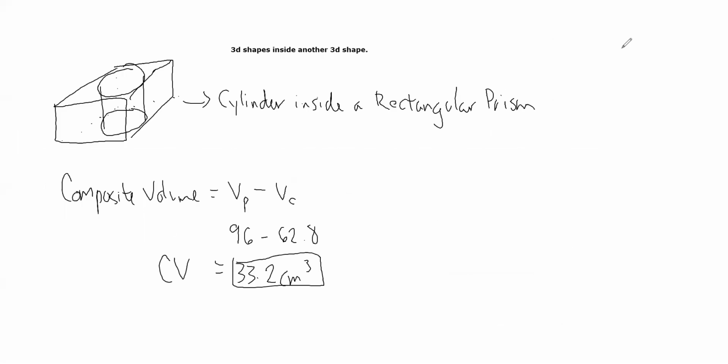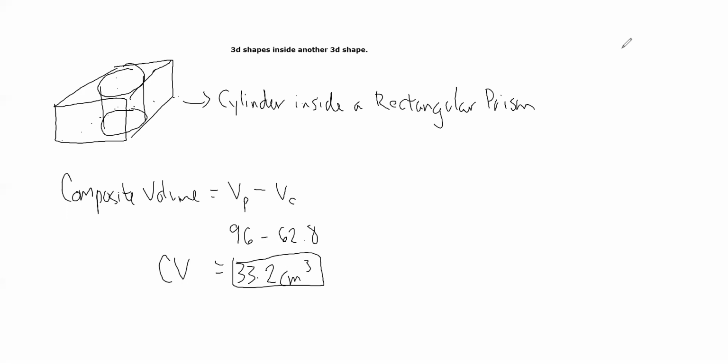There's going to be another type of problem that you're going to encounter a lot, and that's 3D shapes inside of another 3D shape. In other words, let's take that example from earlier. I have a box and I have, I don't know, a soda can for some reason. However, let's pretend that this time I don't have a box.